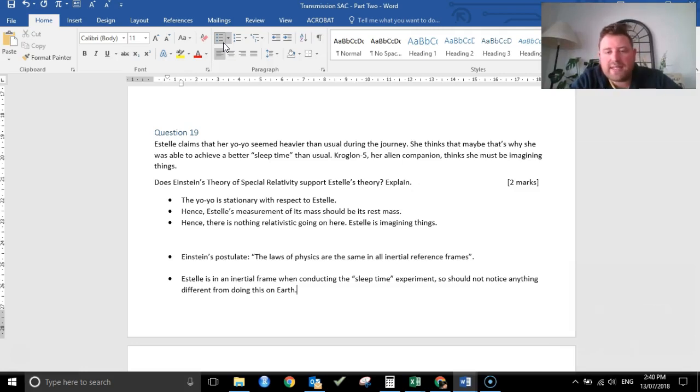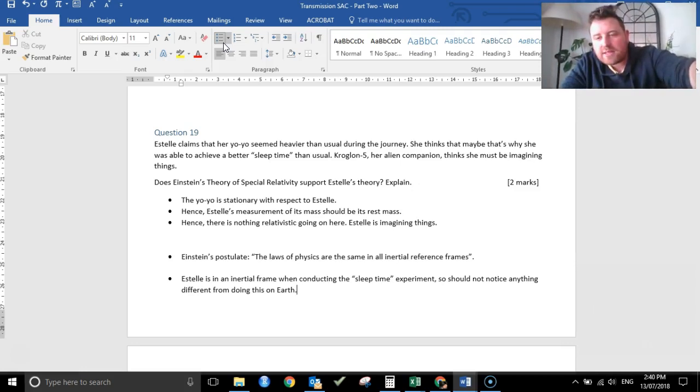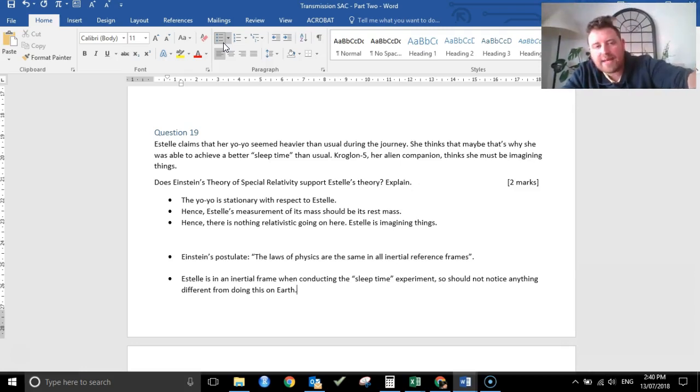Kroglon 5 is correct. The thing that this question really drew out, the thing that this made clear, is whether you are fully bought into Einstein's idea that there is no correct reference frame. The people who were like, yeah, she's traveling fast, therefore it should be heavier, there's still a remnant in your mind of really the Jupiter observers are right.